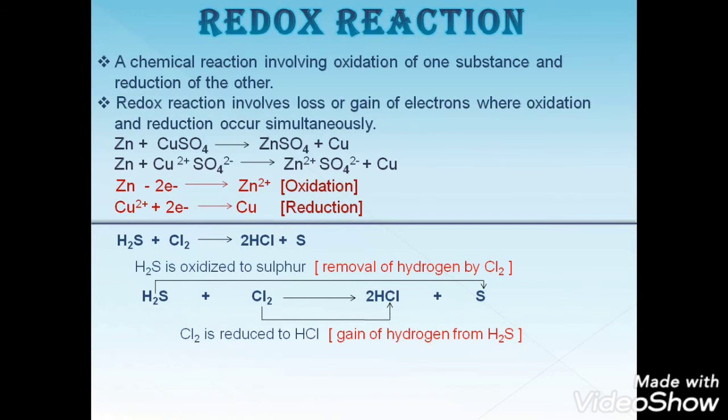That is how you should know. I repeat again, hydrogen sulfide is getting oxidized, but it is a reducing agent. Chlorine is getting reduced, but it is an oxidizing agent. This is how you will remember very well. So we have H2S as a reducing agent and chlorine as an oxidizing agent.